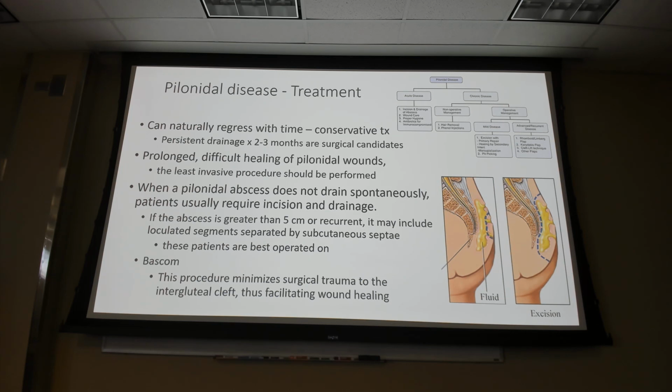It covers a very large area on the intergluteal cleft, so they'll have to remove that entire area, and then it has to heal and re-epithelialize. It takes months of follow-up and treatment. That's really the only curative procedure, and it's still going to recur even after that. So this is definitely a difficult disease to treat.